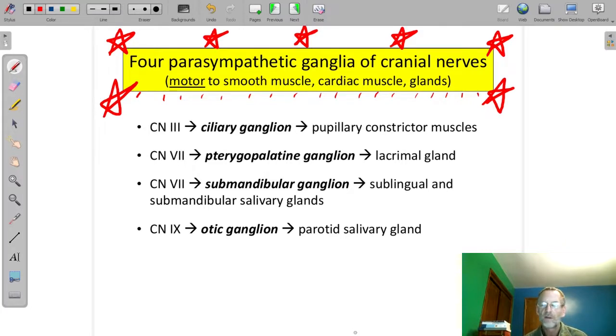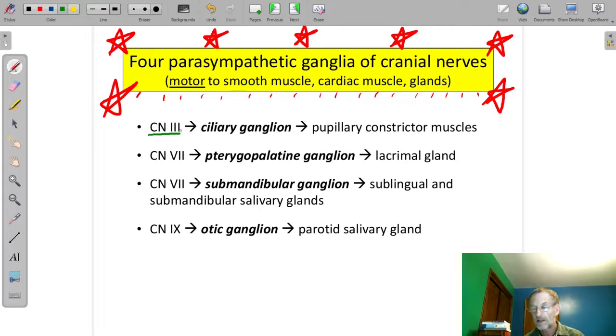So remember that these parasympathetic fibers are running through cranial nerves. For example, cranial nerve 3, the oculomotor. Remember we said that the oculomotor was motor only.